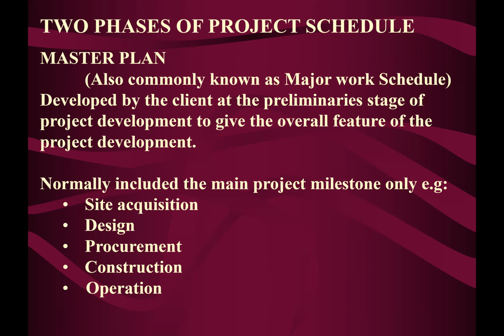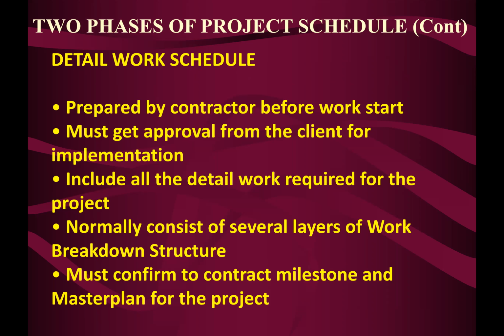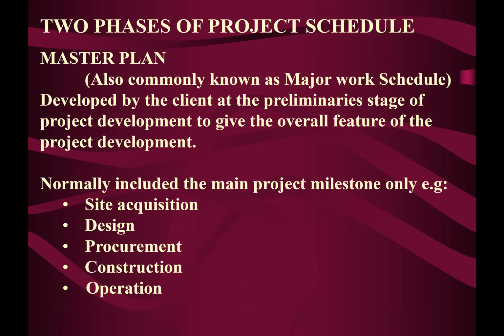Okay, two phases of project schedule: the master plan, and then the other one, which is basically the detail. Okay, master plan, what is the master plan all about? In our scheduling, the master plan normally only includes major activities.